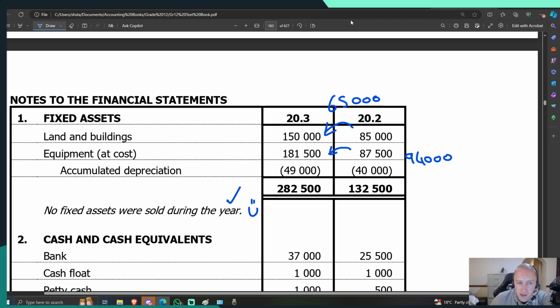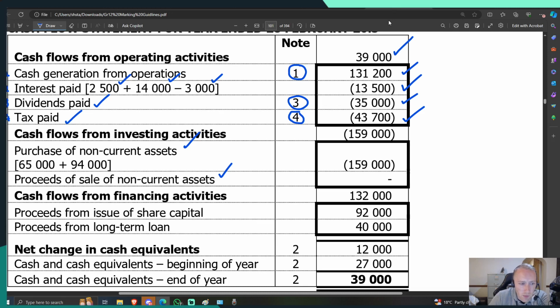So together, fixed assets increased. We purchased fixed assets of, if my calculations are correct, 159,000. Let's check it here. Purchase of non-current assets, 65,000. That's our change in land and buildings. Plus 94,000. That's our change in equipment.